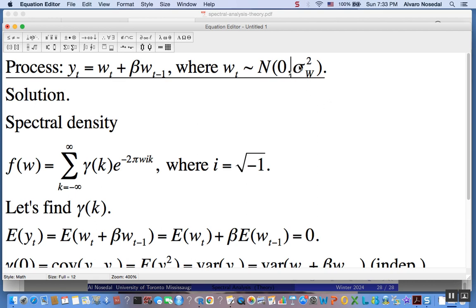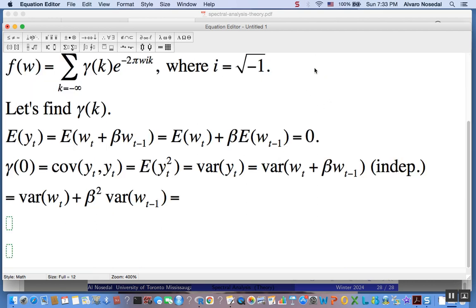So we have sigma squared plus beta squared times, again, variance for w at time t minus 1, sigma squared. Okay? So we have a gamma at 0. Okay? We're done with that one.